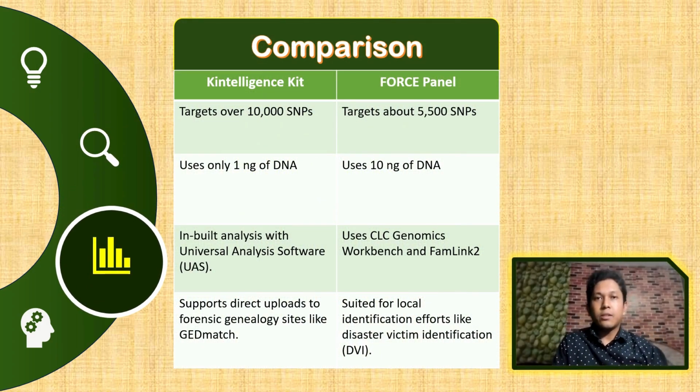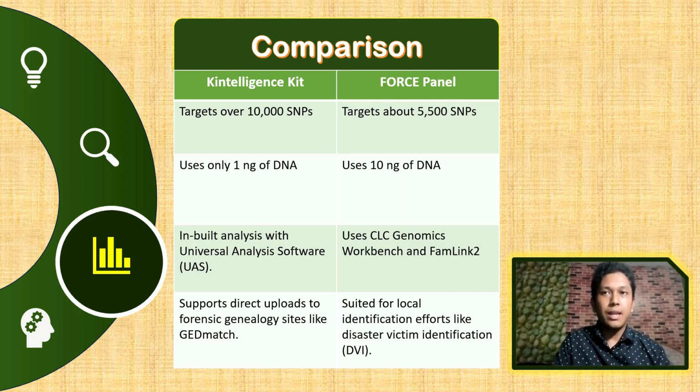So this is the comparison between the Kintelligence kit and the Forseq panel. The Kintelligence kit targets over 10,000 SNPs but only requires 1 nanogram of DNA, while the Forseq panel uses a hybrid capture approach which targets over 5,500 SNPs but needs about 10 nanograms of DNA.